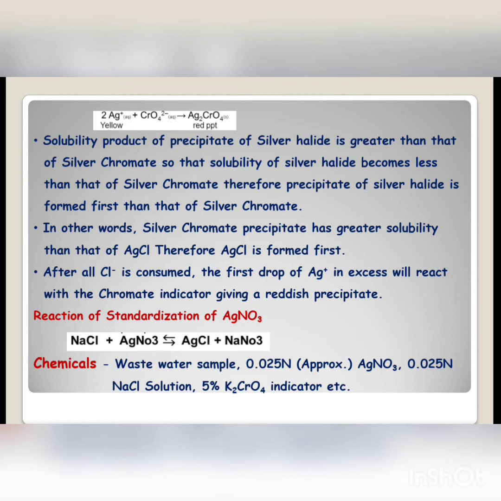The endpoint of the titration occurs when all the chloride ions are precipitated. Then additional silver ions react with the chromate ions of the indicator, potassium chromate, to form a red brown precipitate of silver chromate. This is your end point. Yellow to reddish brown is the end point of the titration.